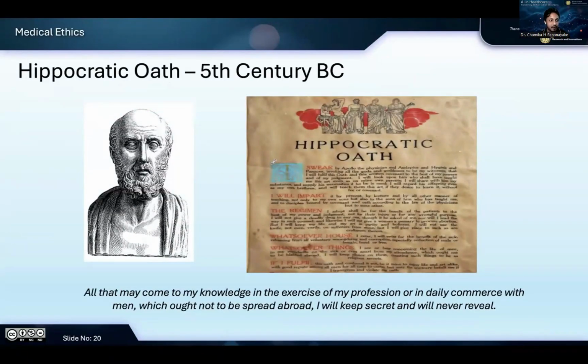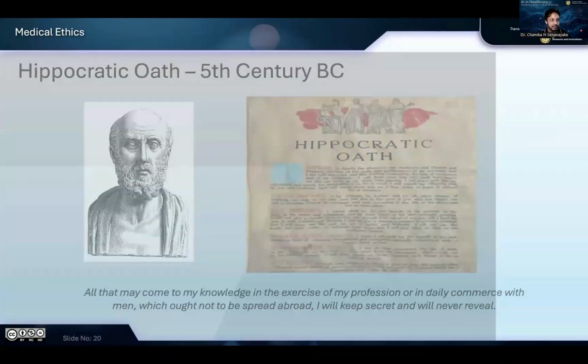It goes a long way back to the 5th century BC with the Hippocratic Code. To be honest, this is not the exact oath we swore at the medical council; it's another version of it.